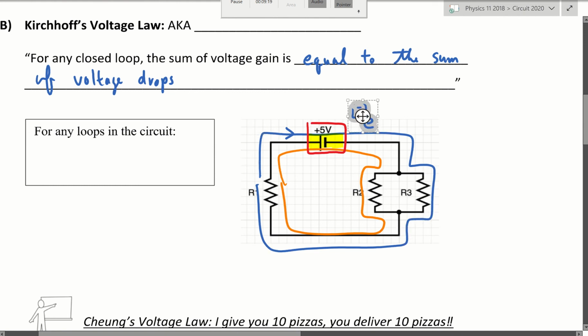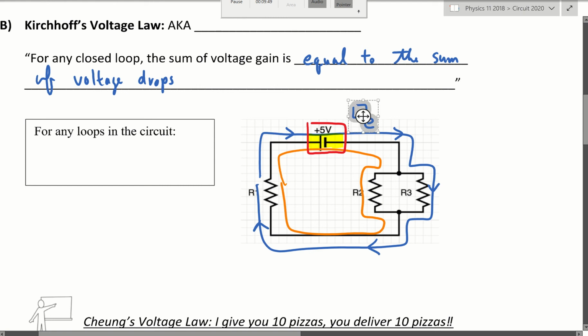So it goes in here, then down here through R3, then to the left, and up through R1, and then back to the battery. The rule says that the amount of pizza energy, the voltage, that you pick up from the battery should equal the amount of pizza that you delivered on your route. That makes perfect sense.